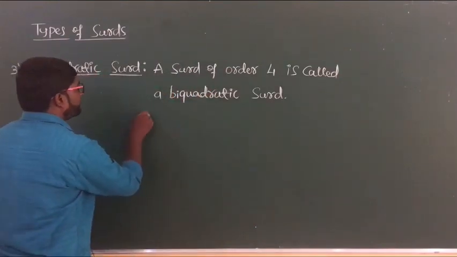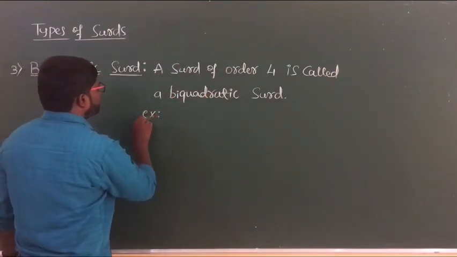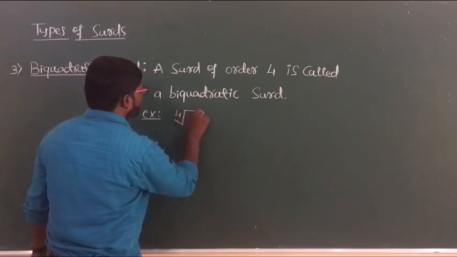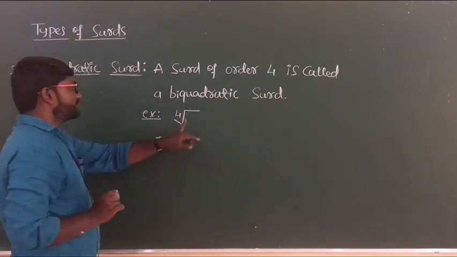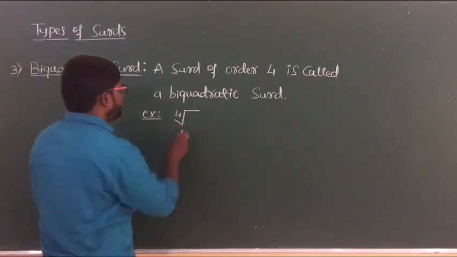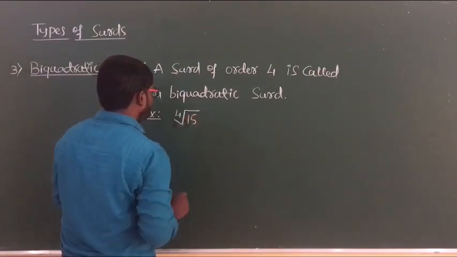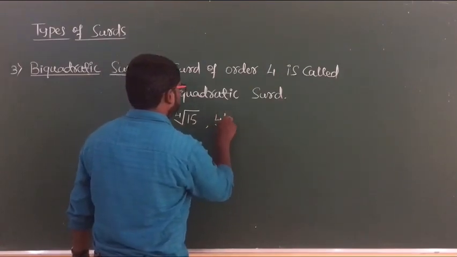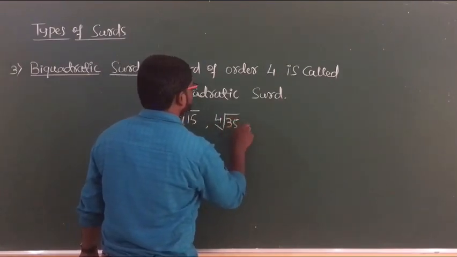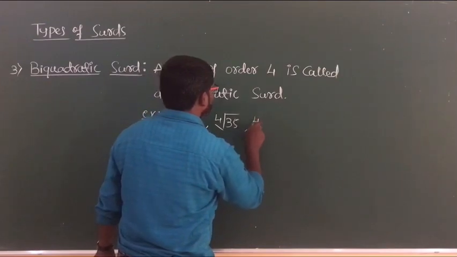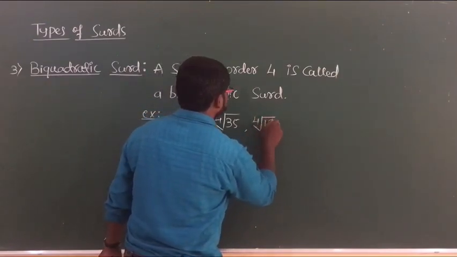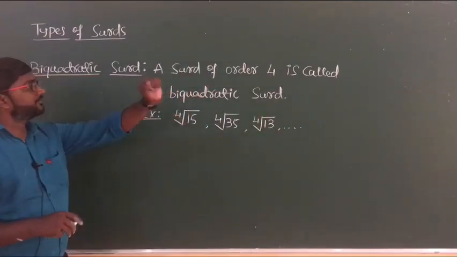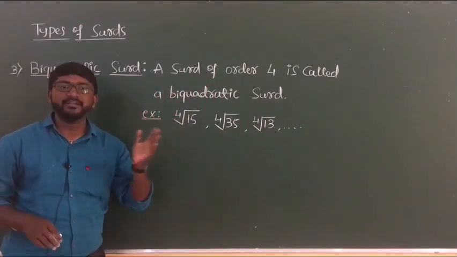What are the examples now? The order of the surd must be 4. So fourth root of 15, comma, then fourth root of 35, comma, fourth root of 13 and so on. All these are the examples for biquadratic surd.